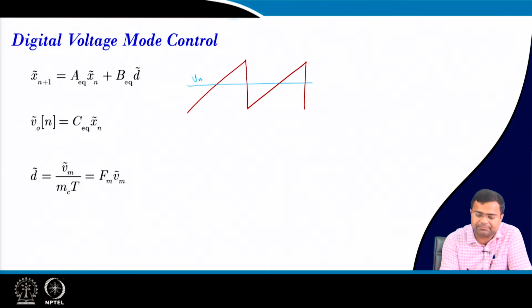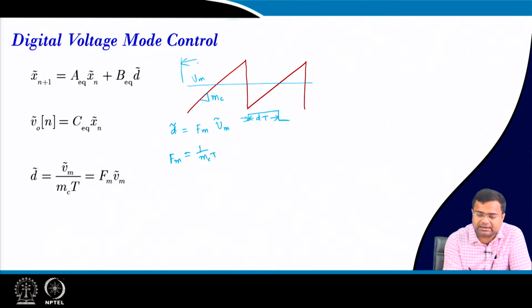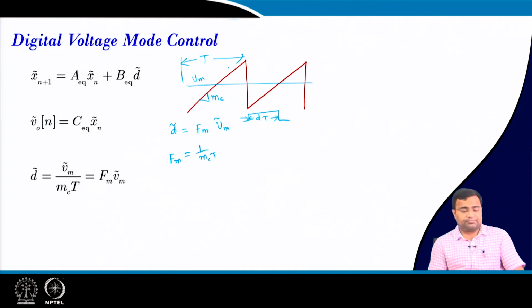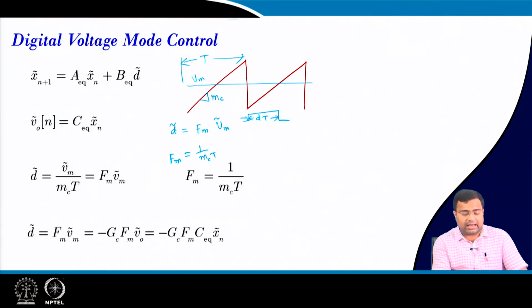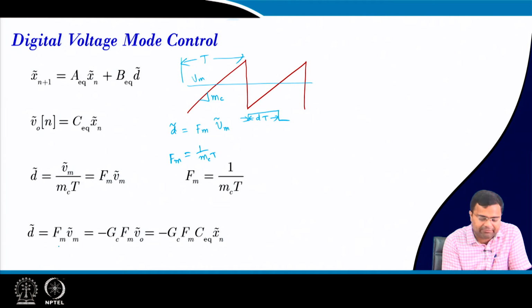If this is Vn and this is MC, then what will be our Vm, and this will be our, let us say, duty ratio D into T. Then our duty ratio d tilde will be Fm into Vm tilde, where Fm is nothing but 1 by MC T, where T is the time period. Okay. This is written MC, and we can express that d tilde equals Fm times this.